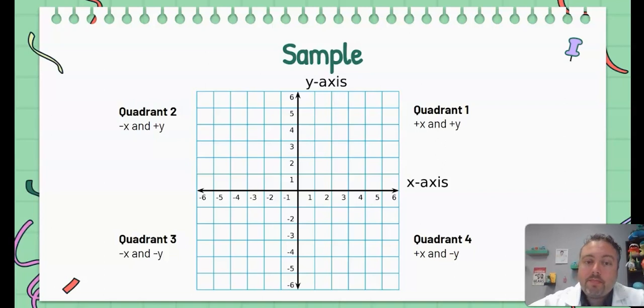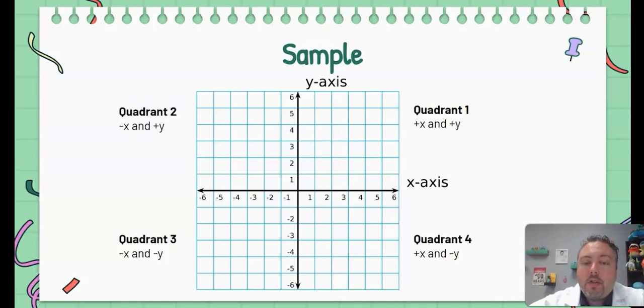Below are always negative y values and the x-coordinate 0. So far I've talked about 5 important areas of the coordinate plane. There's where the 2 axes cross, which is the origin, and how each of these axes breaks the other into a positive side and a negative side.